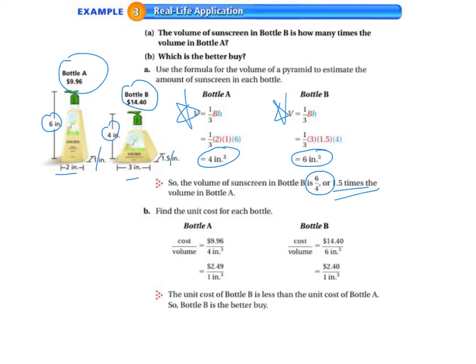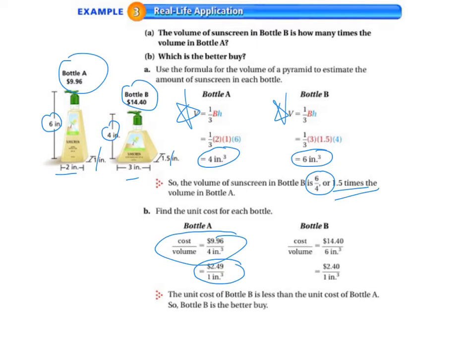So then we need to find the unit cost for each bottle. So we're going to divide the cost by the volume. So bottle A is $9.96 divided by 4. And so it's $2.49 per cubic inch.